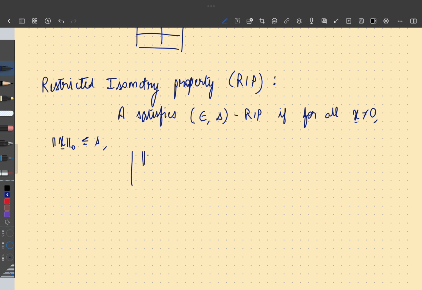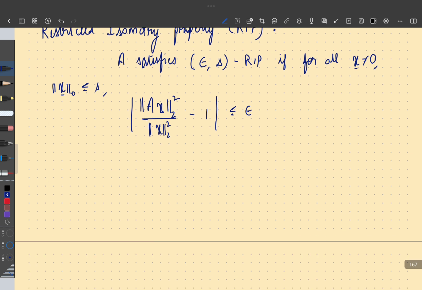In this case, the absolute difference between the L2 norm squared of A times x divided by the L2 norm squared of x and 1 is less than or equal to epsilon, or equivalently, this.